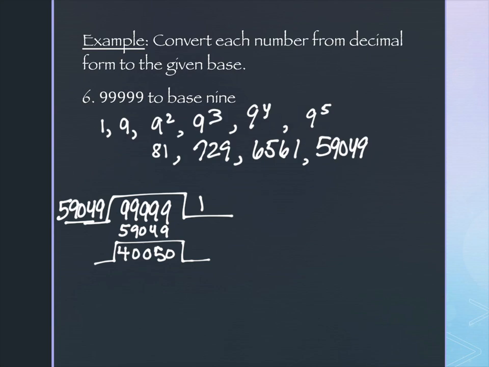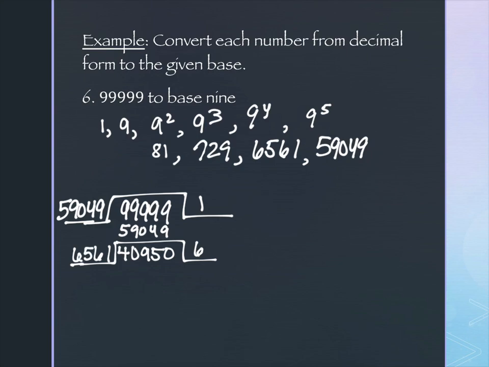What will I divide by? Did I write something wrong? I did. I should have just moved it over. What was it? 40,000. Oh, 40,950. I missed the 9, thanks. Okay, what will I divide by next? 6,561. Which goes in 6 times?